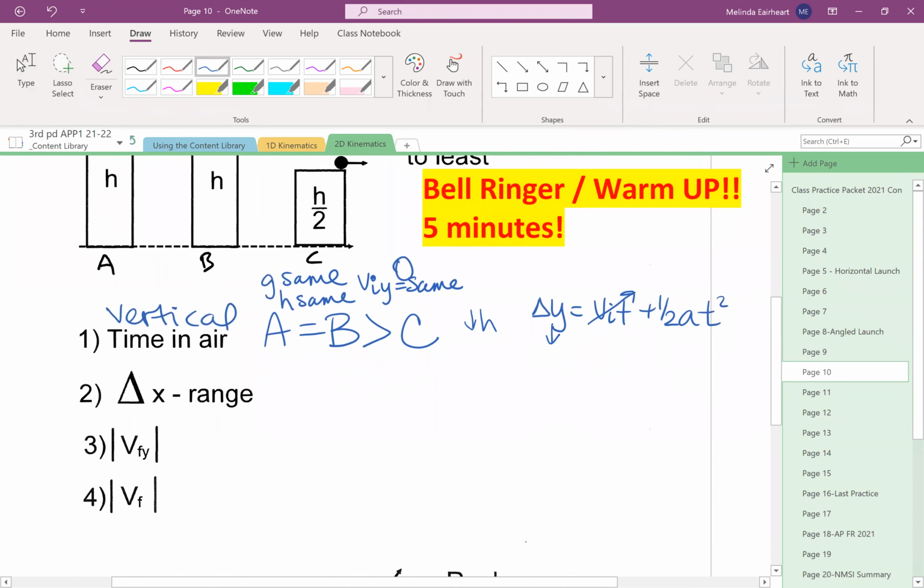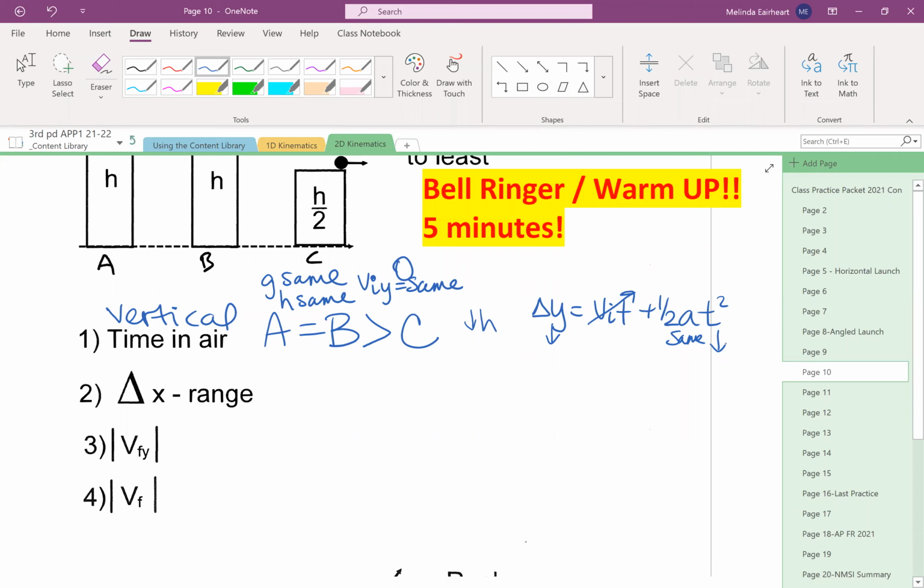The smaller the height, we got gravity being the same, but I'd have a smaller time. Now it's not a double, half, right? We saw that you've got a square value there. Think about the basketball picture we looked at, right? So just because it's half the height doesn't mean it has half the time, but smaller is true. Everybody good there?